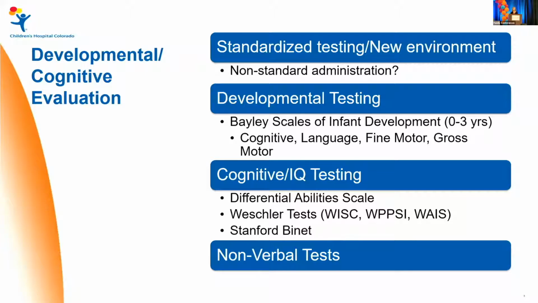They may have motor issues that interfere with testing, or they may be nonverbal. So often it can be frustrating for families when we can't give you a definitive diagnosis or developmental level. But what we're doing is just trying to get a good estimate for deciding what therapies might be needed.